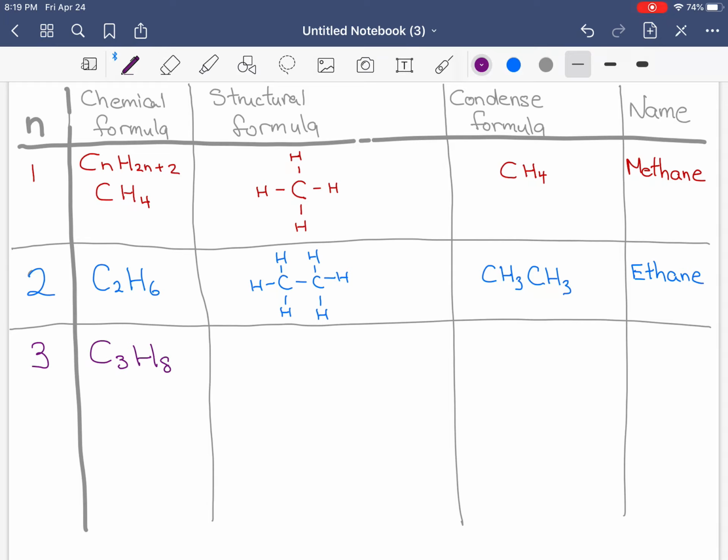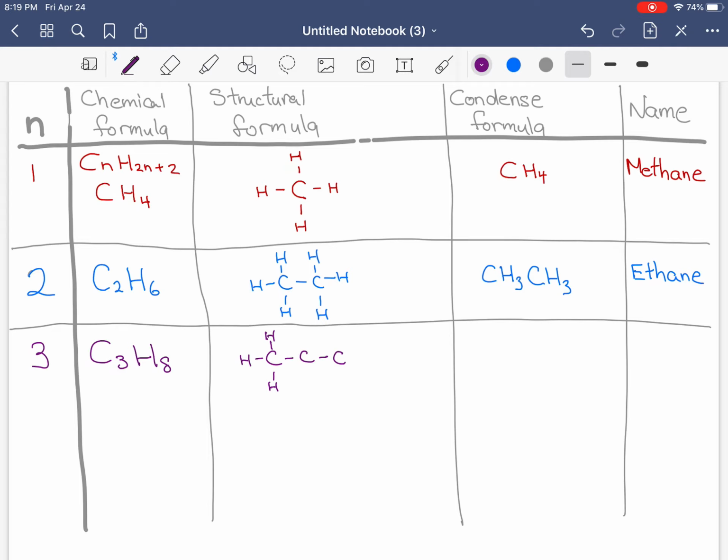C3H8. Bond all 3 carbons together. Fill the rest with H. So I owe 3 H's to this carbon. How many H's do I owe this carbon?